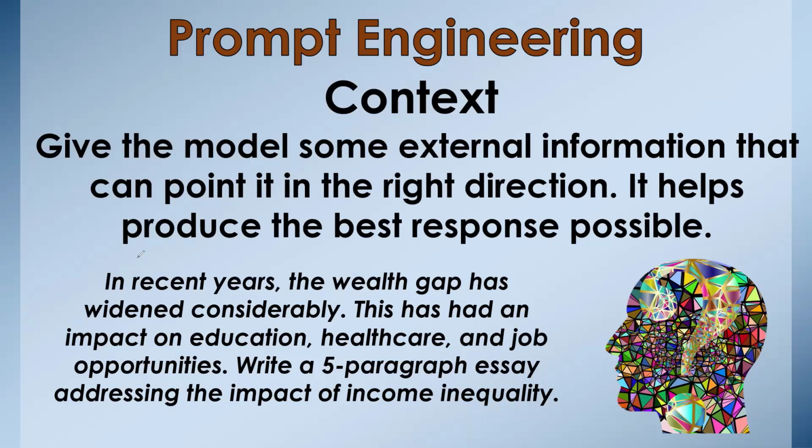So this first part here, where we talk about some of the effects of income inequality, that's context. That's giving the artificial intelligence a little bit of context to help it craft a better essay. It's going to be more specific and more precise than if we just said, write a 5-paragraph essay addressing the impact of income inequality.